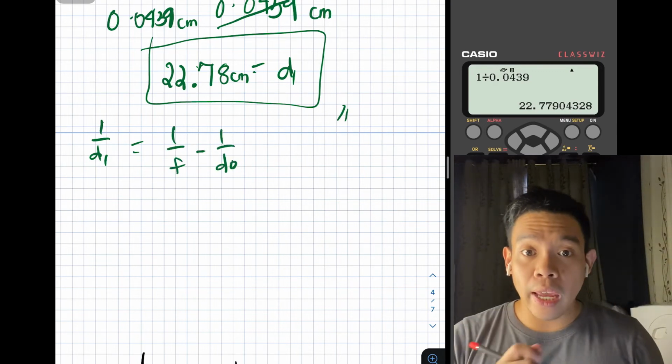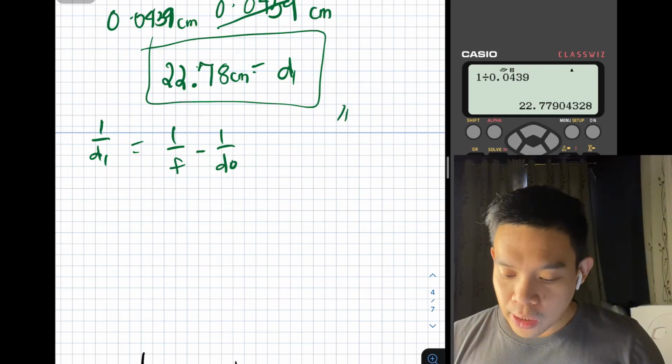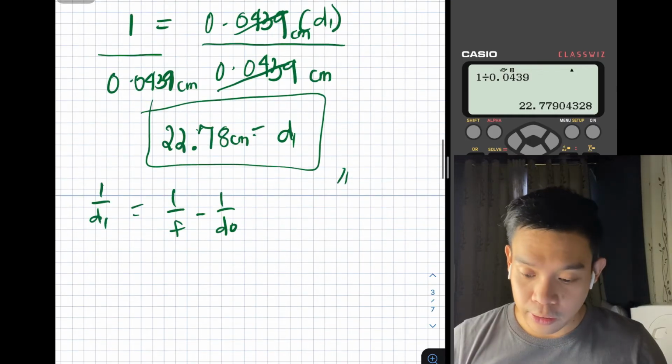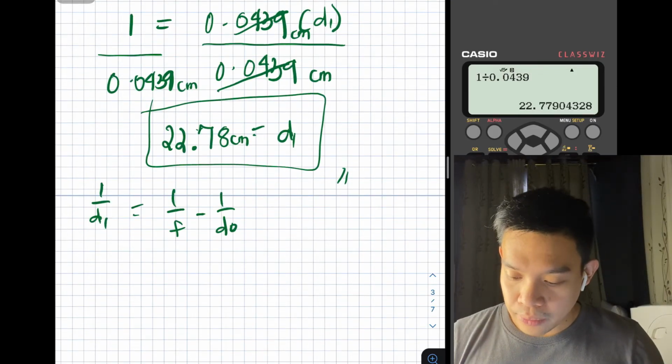Putting the values directly into the calculator is much easier compared to the longer method. And it looks like this.